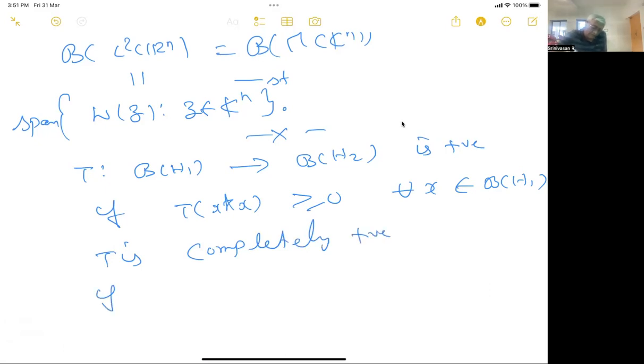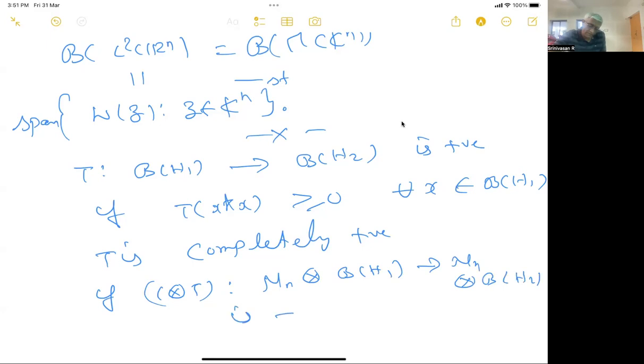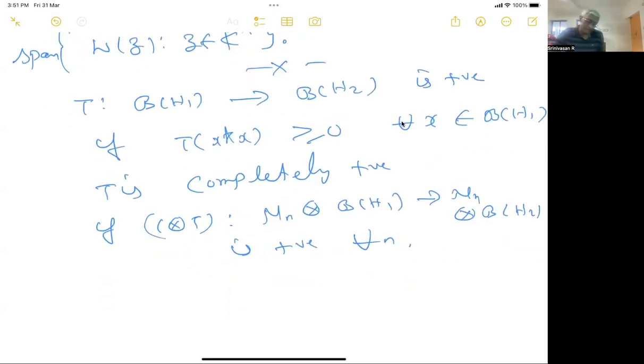T is completely positive if one tensor T, which you can write from Mn tensor B of H1 to Mn tensor B of H2, is positive for all n. If it is positive for a given n, that's called n-positive. If it is positive for all n, that is what is called completely positive. We should remember what this one tensor T is.